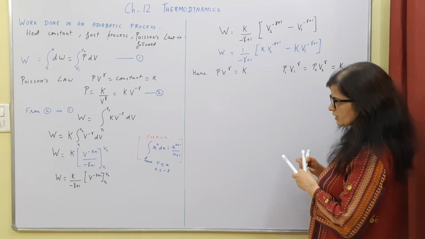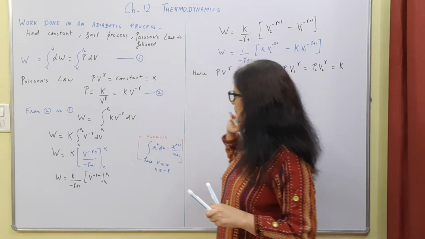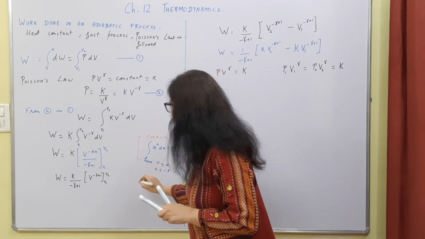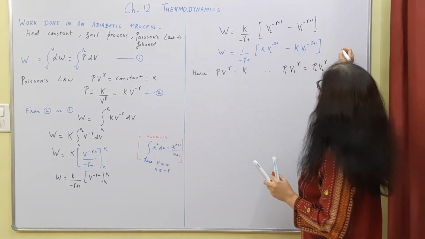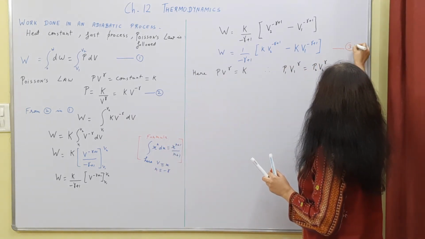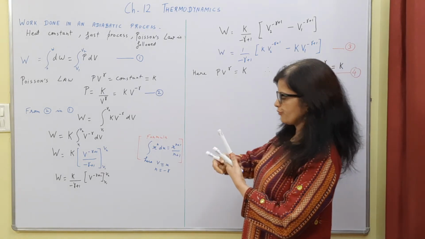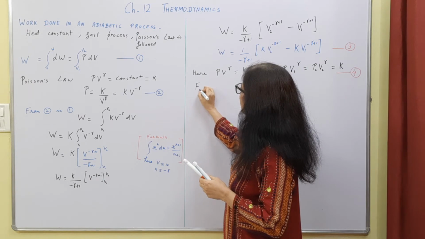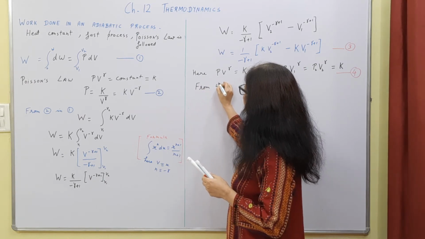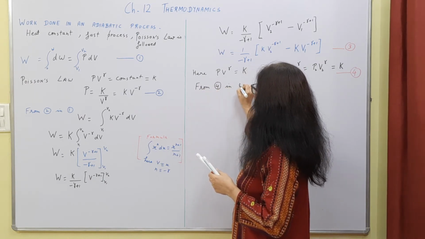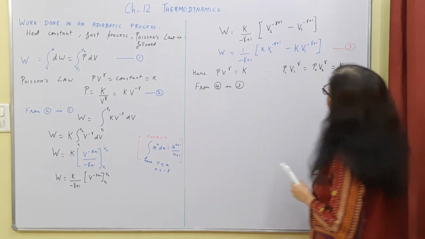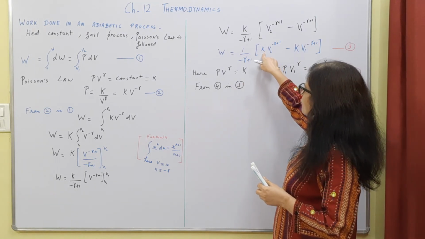So let's mark some equations. This is second equation. This is third equation, and let's mark this as fourth one, right? So from 4 in 3, I have to put the value of k.